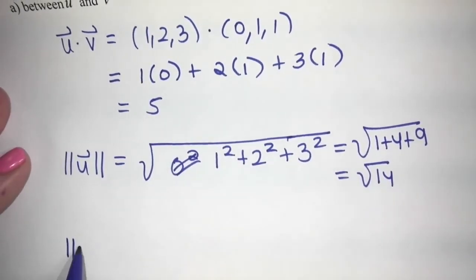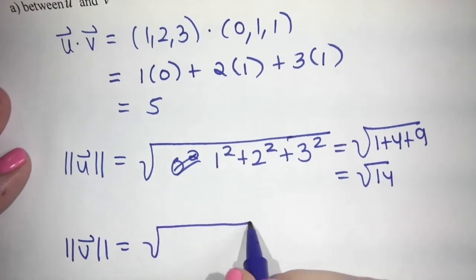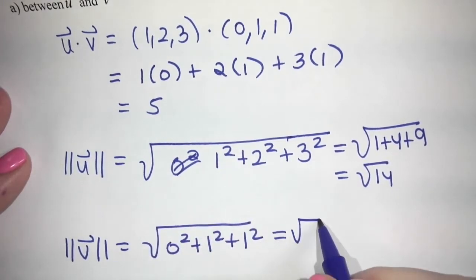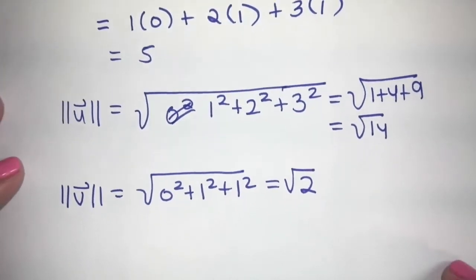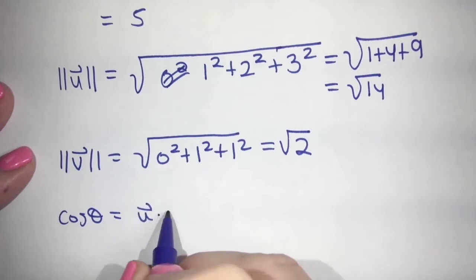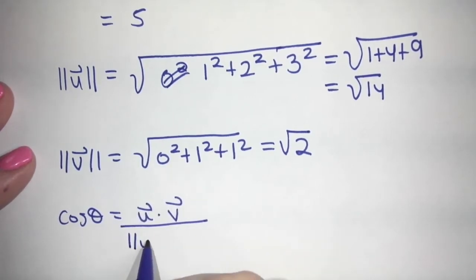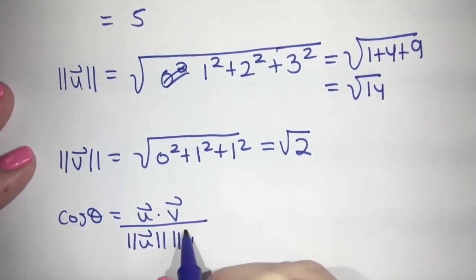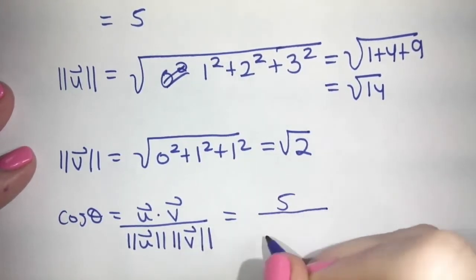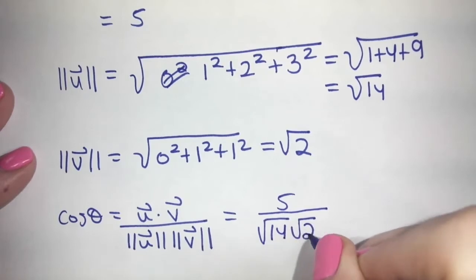And the magnitude of v would be square root 0 squared plus 1 squared plus 1 squared, or root 2. And so our answer, cos theta, is the dot product on top all over the two magnitudes being multiplied on the bottom. And so we would have 5 over root 14 times root 2.